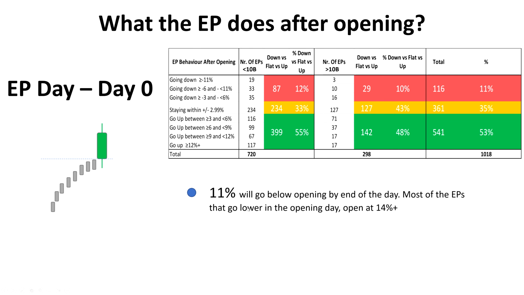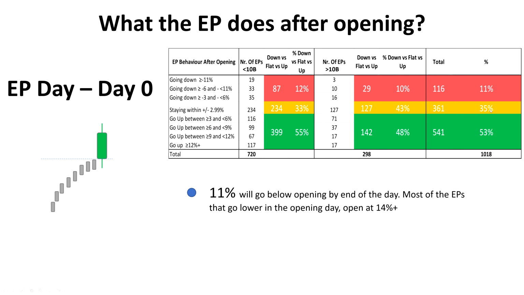And most of the EPs that go lower on the opening day open at 14% plus. So overall, the risk of entering an EP at the beginning of the day and ending up at a loss on the EP day is 11%, which is not that bad.